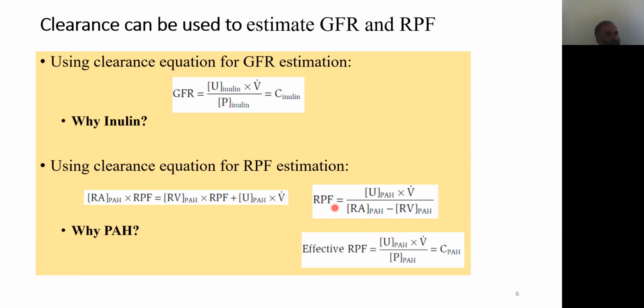When you say simple renal plasma flow or actual renal plasma flow, you basically are saying everything. You are saying the stuff that is appearing in the kidney, which got filtered and secreted, and the difference between artery PAH and vein PAH.